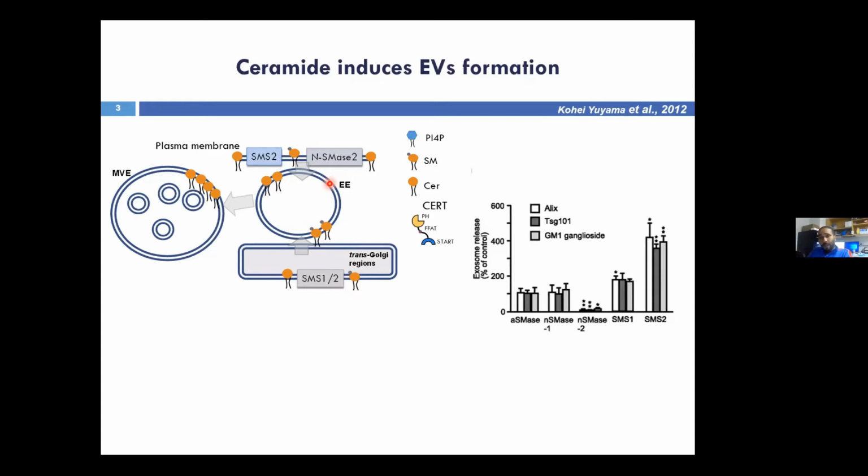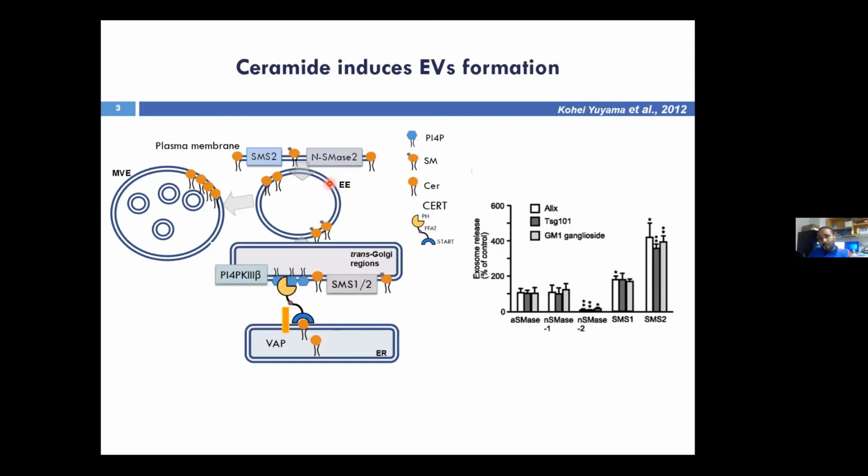But this process, of course, points to a central role of CERT, because CERT mediates the transfer of ceramide between ER and Golgi. So it's because of CERT that ceramide can reach the trans-Golgi and potentially be involved in EV formation. So our hypothesis was that CERT could play a central role in EV formation.